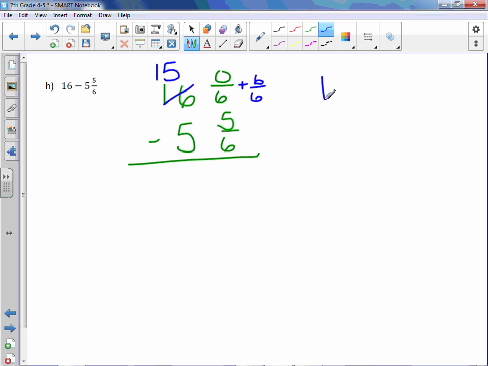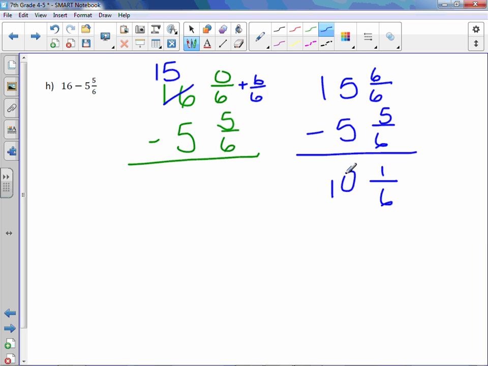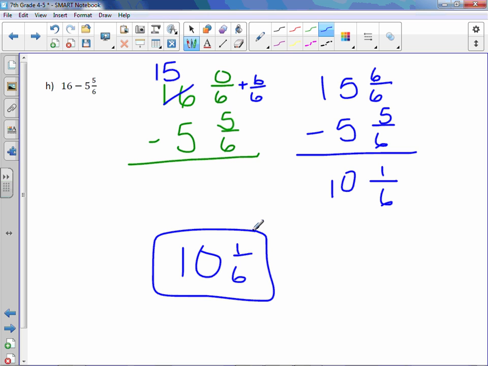And I would get 15 and 6/6 minus 5 and 5/6. Subtract the fractions first to get 1/6. And 15 minus 5 is 10. We cannot reduce that in any way, so 10 and 1/6.